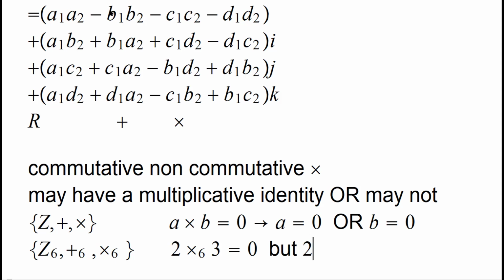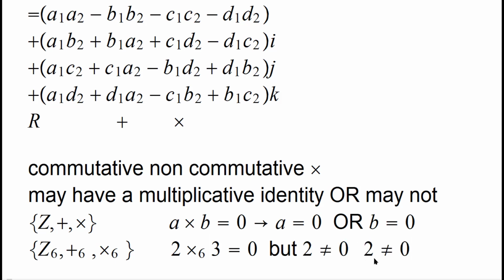So what we say here is that there may be some rings that have 0 divisors, that is, the product of two non-zero elements may turn out to be 0, okay?